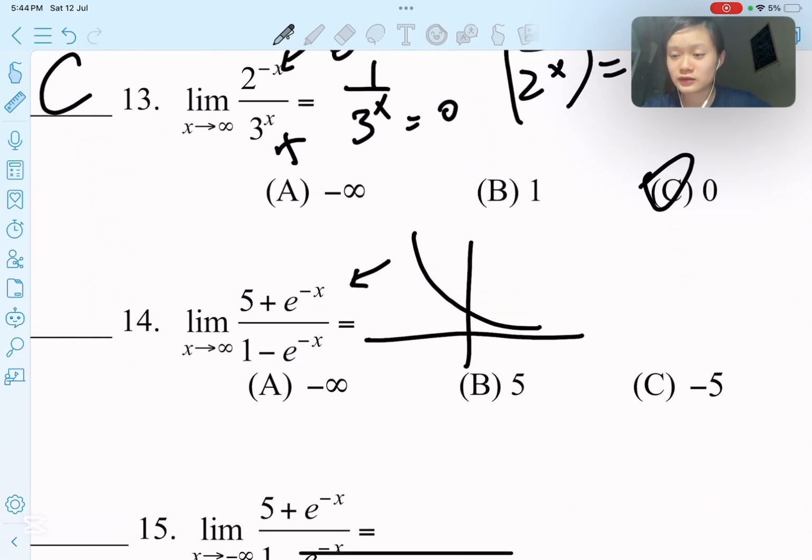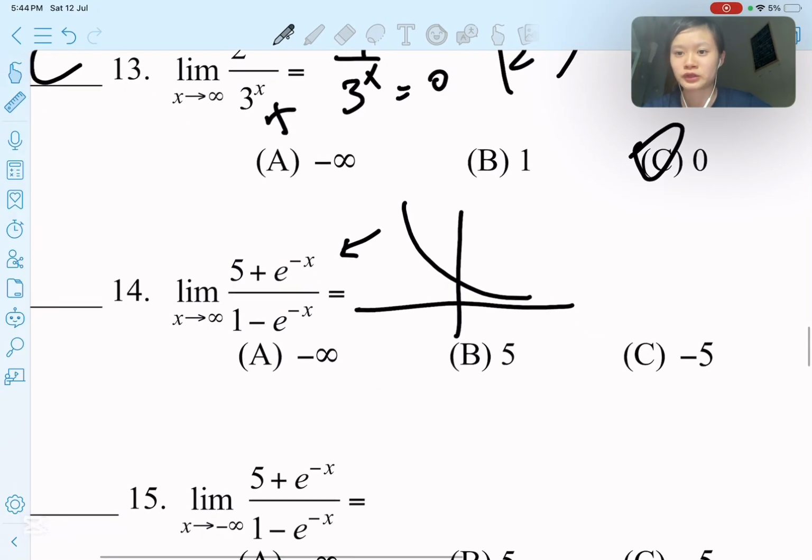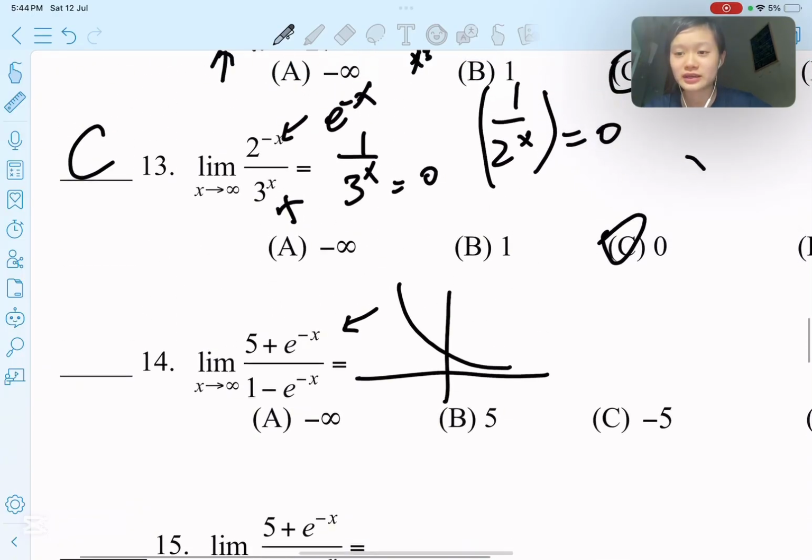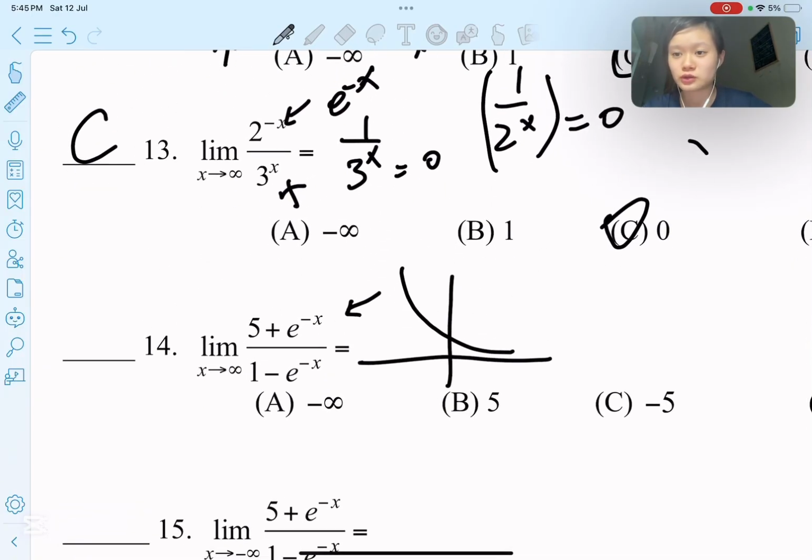And if it's negative, it should be flipped across the x-axis. The y-axis is this thing. So if it's negative, it will be something like that, I think. I'm not quite sure. But what it's saying here is that you have these two things. If it goes to infinity, what would it go to?